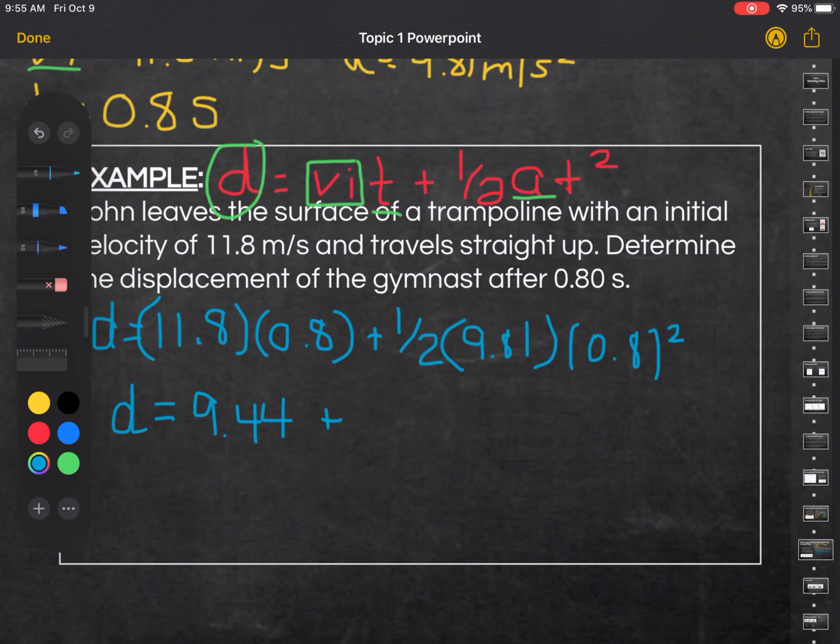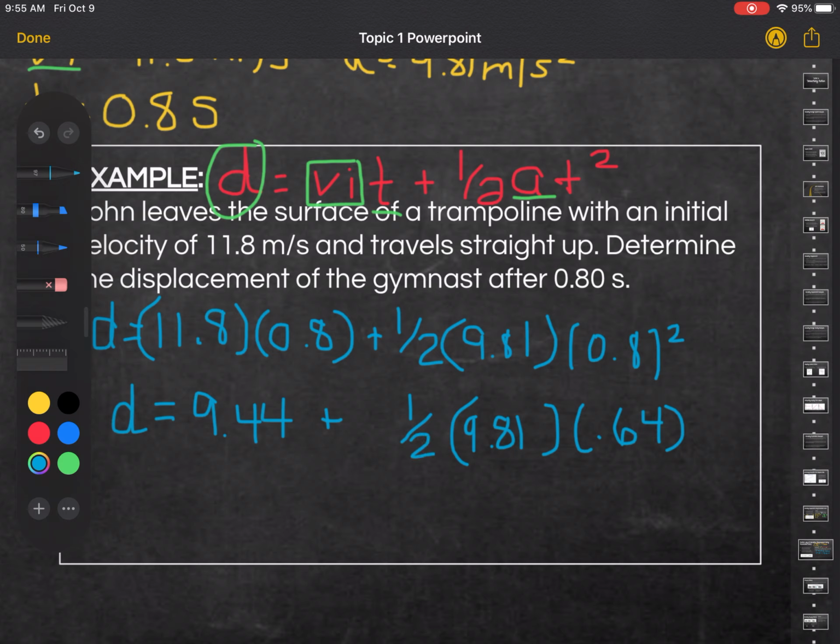I'm going to do the 0.8 squared first, because we do brackets, exponents. So I'm going to do 0.8 squared, which gives us 0.64. Times 9.81, and then 1/2 of that.